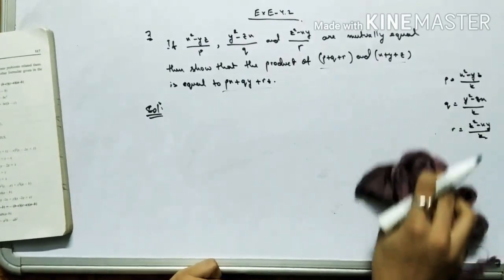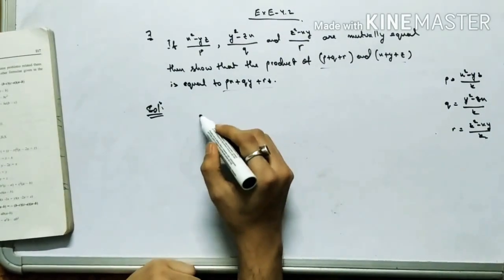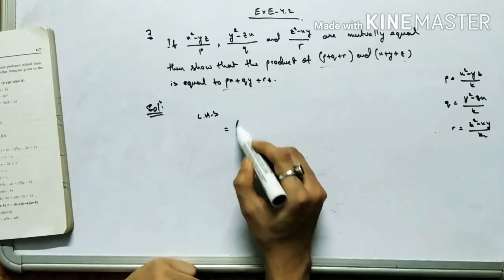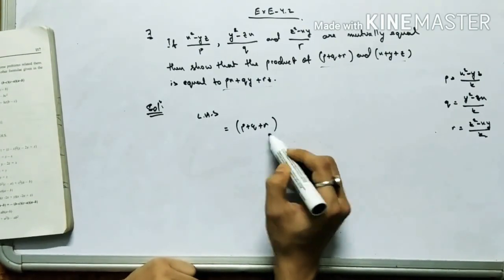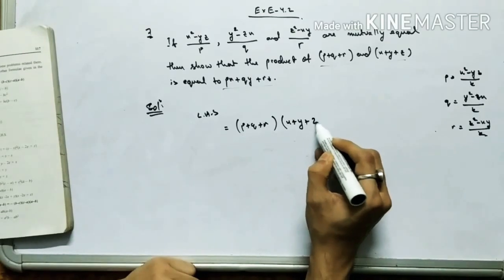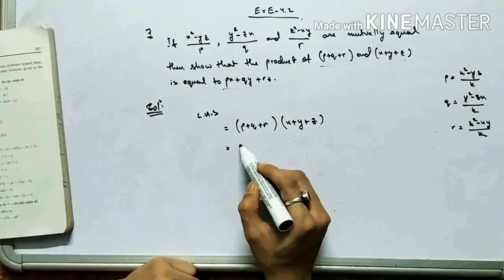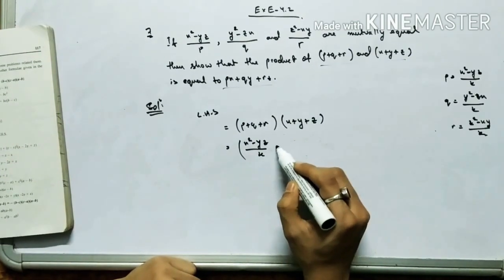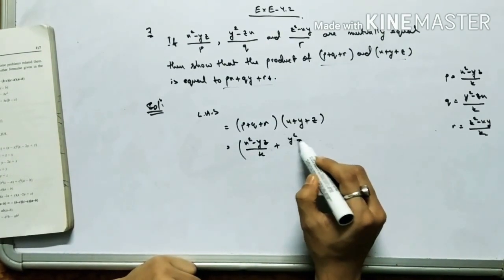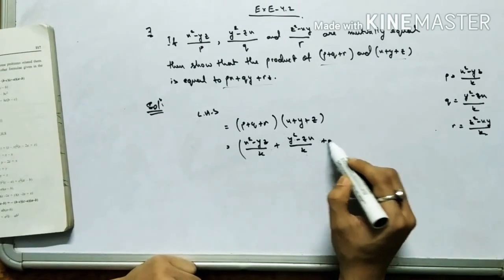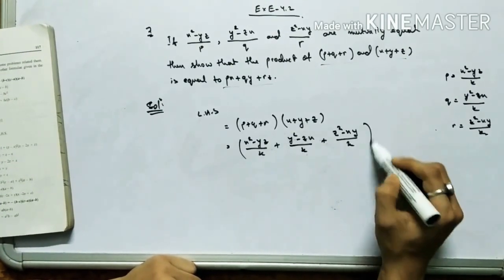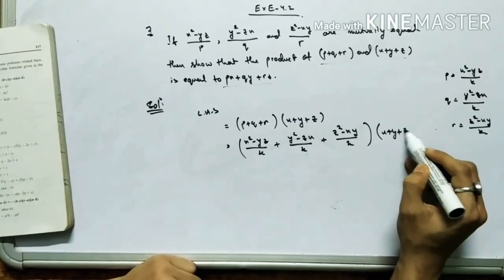So here, I will take the LHS, which is the product of p plus q plus r into x plus y plus z. This is equal to (x square minus yz) by k plus (y square minus zx) by k plus (z square minus xy) by k, into x plus y plus z.